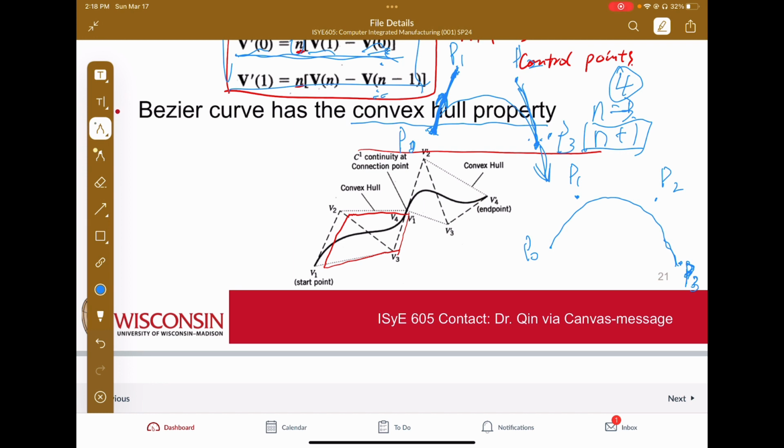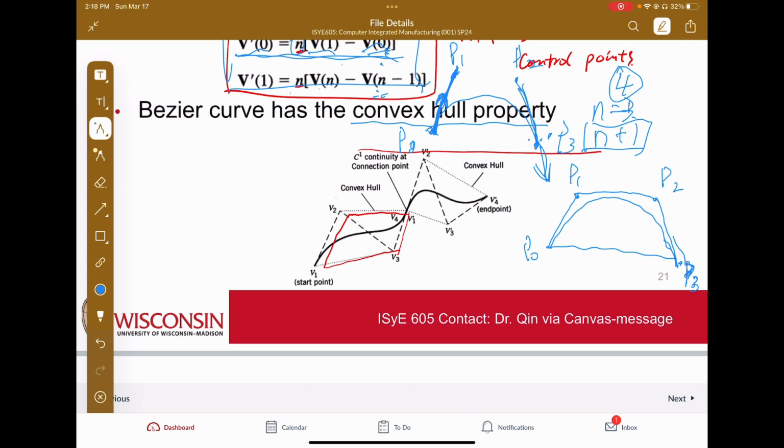The convex hull is the polygon we get when we connect all the control points. The curve will always be inside this polygon we circled through the 4 control points. This is the convex hull property.